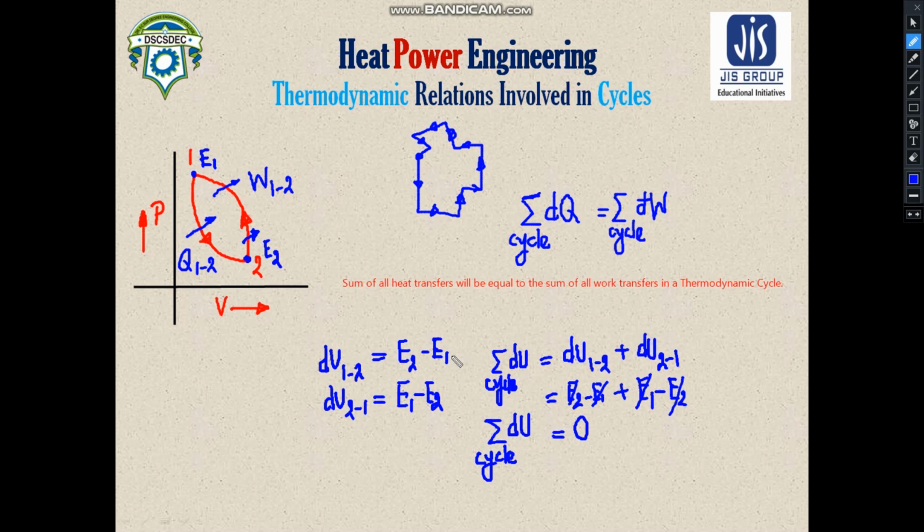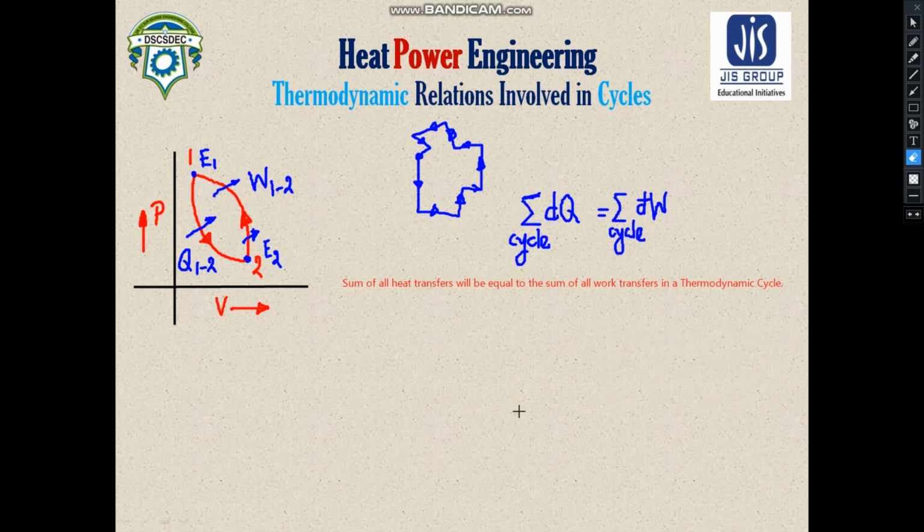The sum of all heat transfers will be equal to the sum of all work transfers in a thermodynamic cycle. And coming to the second part, the internal energy change for any thermodynamic cycle would be 0. Okay, so let me write down this fact so that you would be able to remember this.